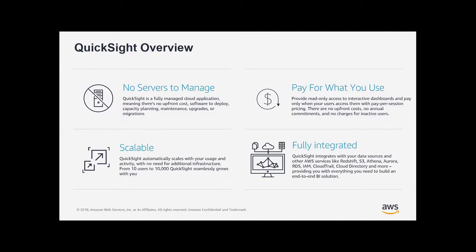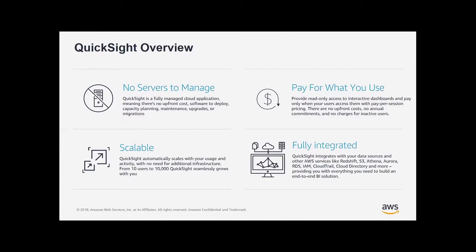Then on the upper right, pay for what you use. This is unique to QuickSight within the BI industry. We released this new pricing model in June of last year. The reason we did this is because a lot of our customers were coming to us with problems around pricing models that are either just a per user per month fixed fee, or paying for capacity and wondering if they're going to use all that capacity or need more capacity.